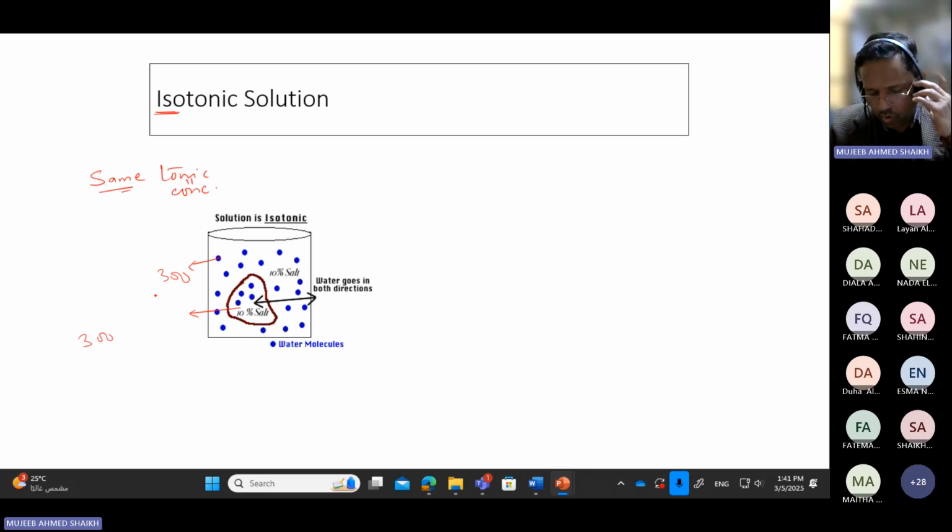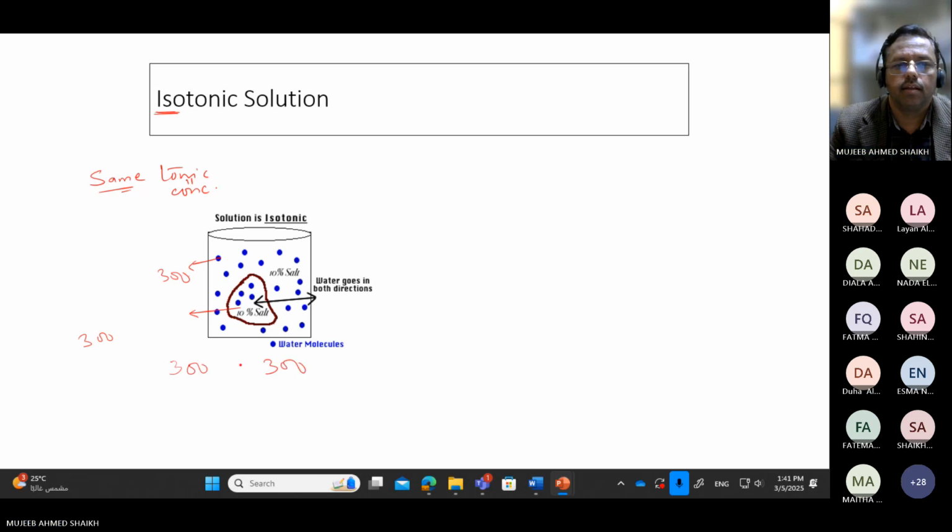Where will be the movement of water now? No movement. Very good, excellent answer. So if both sides have the same concentration, we call it an isotonic solution. Tone is nothing but concentration, so isotonic is same concentration.